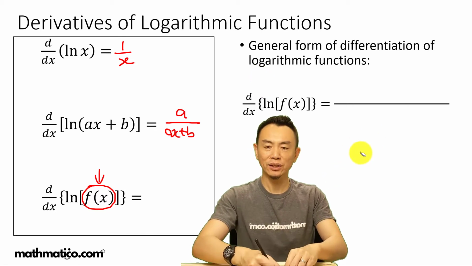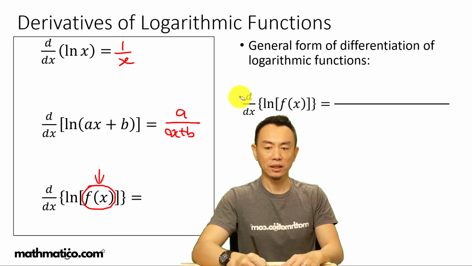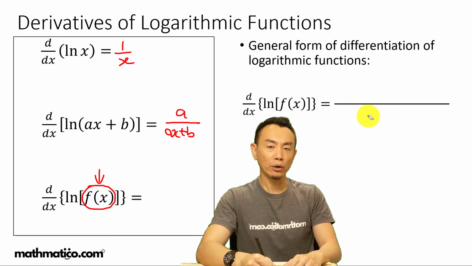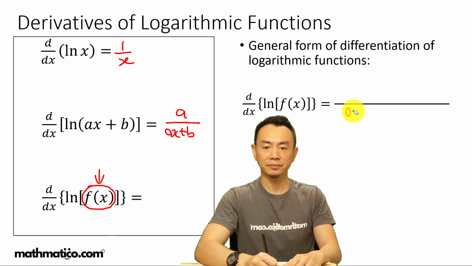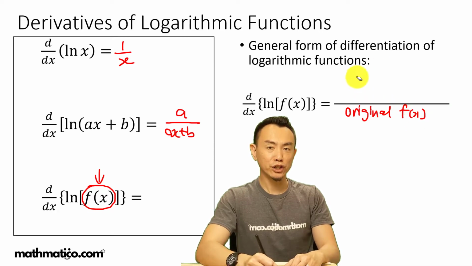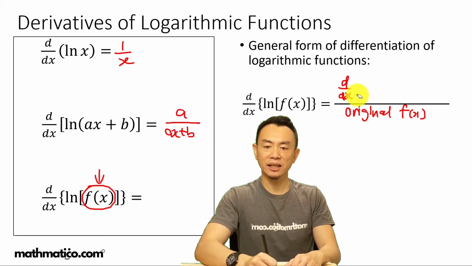And basically what you get is the differentiation of ln f(x) is equal to: you put the original f(x) in the denominator, and you differentiate the f(x) and put it in the numerator, okay? So this is the d/dx of f(x).